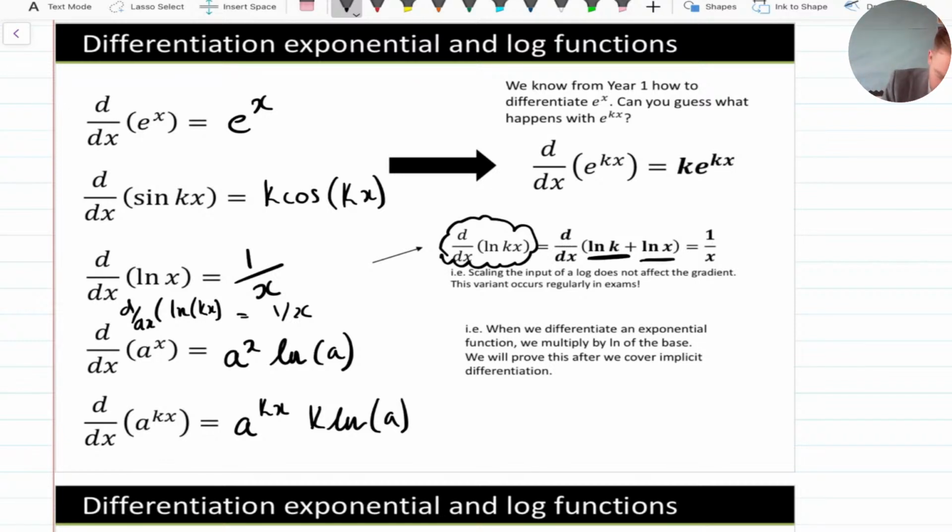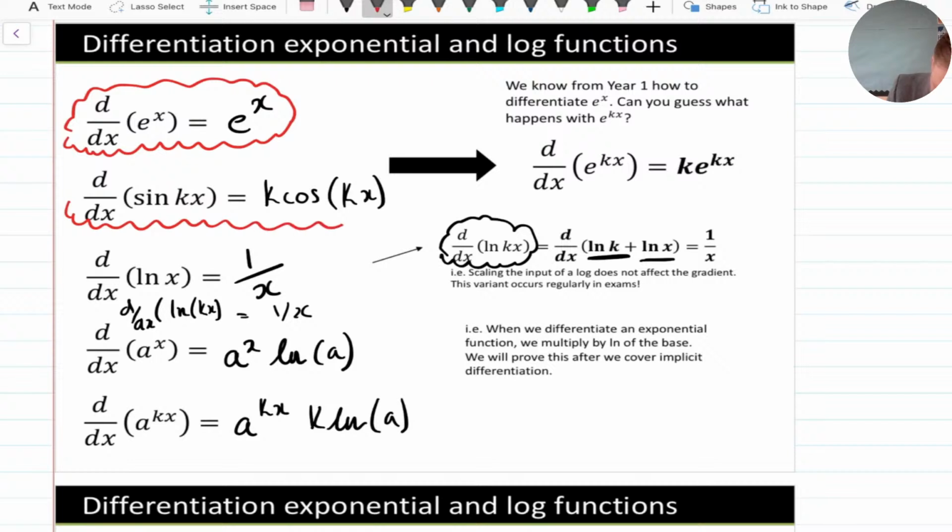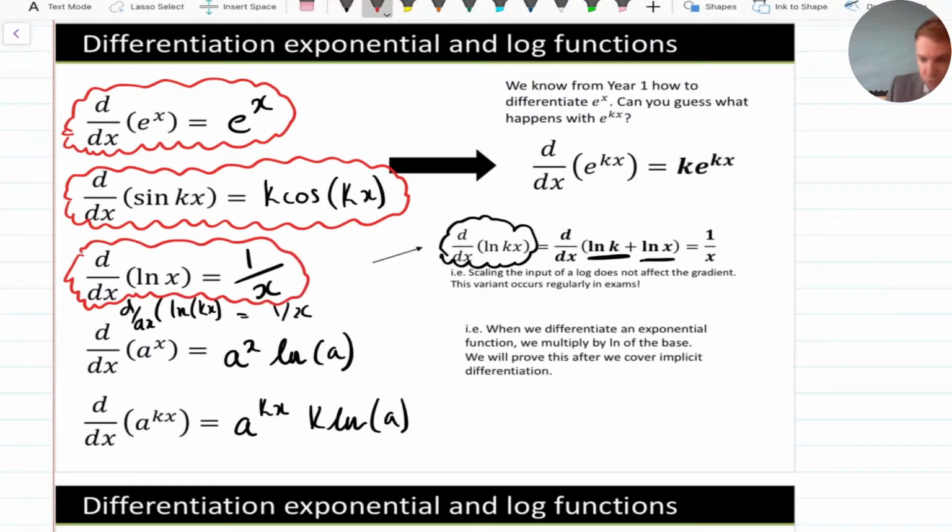Now you will need to know all of these, and to be honest, there's a million of these you need to know. Some of them are in our formula book, some of them aren't, but you will need to know all of them. You'll need to know them off by heart, because if you don't, then you struggle to know what you're doing with these. You really need to have a strong understanding of every single one of these.